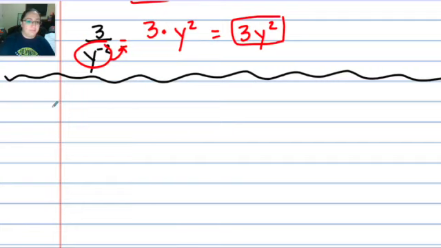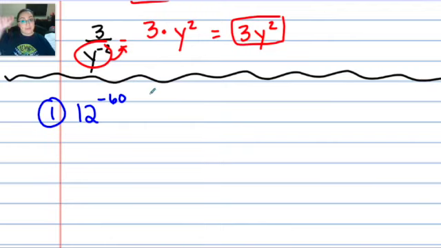Okay, so number 1. 12 to the negative 60th power. Wow, okay. So what we want to do is change this to have positive exponents, okay? Because we have a negative exponent, we're going to send it to the bottom and it becomes a fraction.